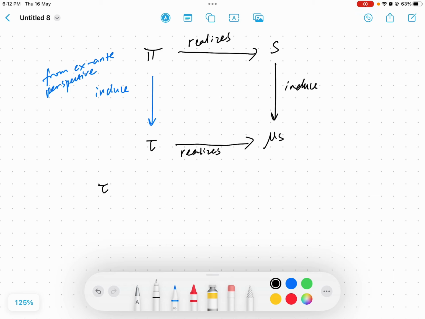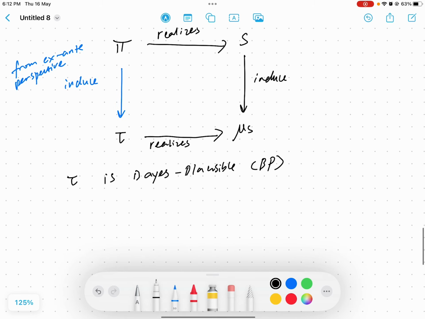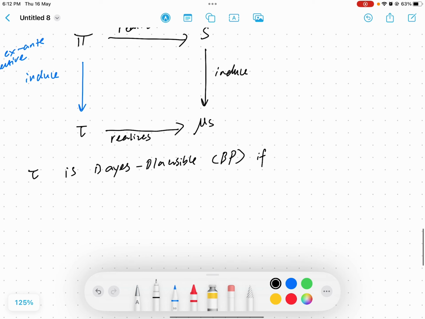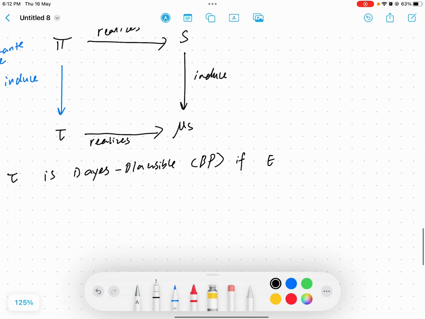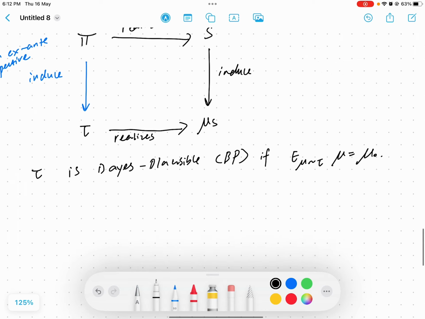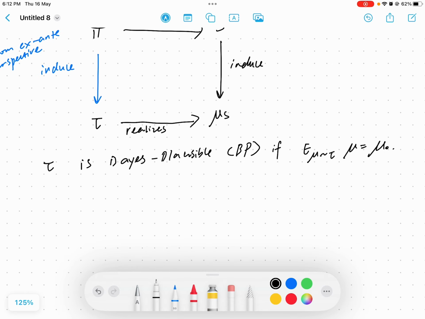So tau is Bayes plausible if the expectation of the posterior belief is the prior, right? Mu according to tau, right? So the expectation of mu is mu naught. So that's the definition of Bayes plausible, okay?